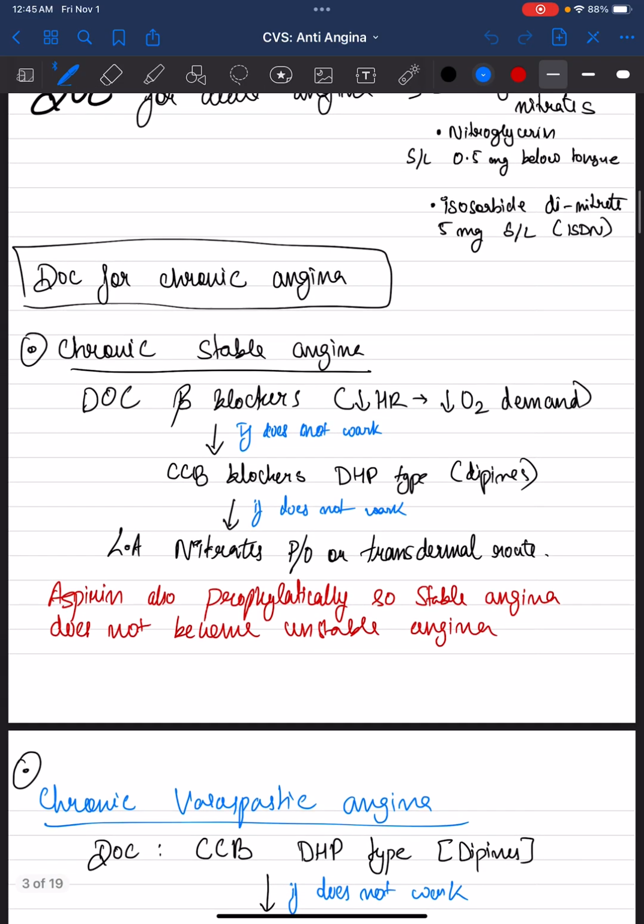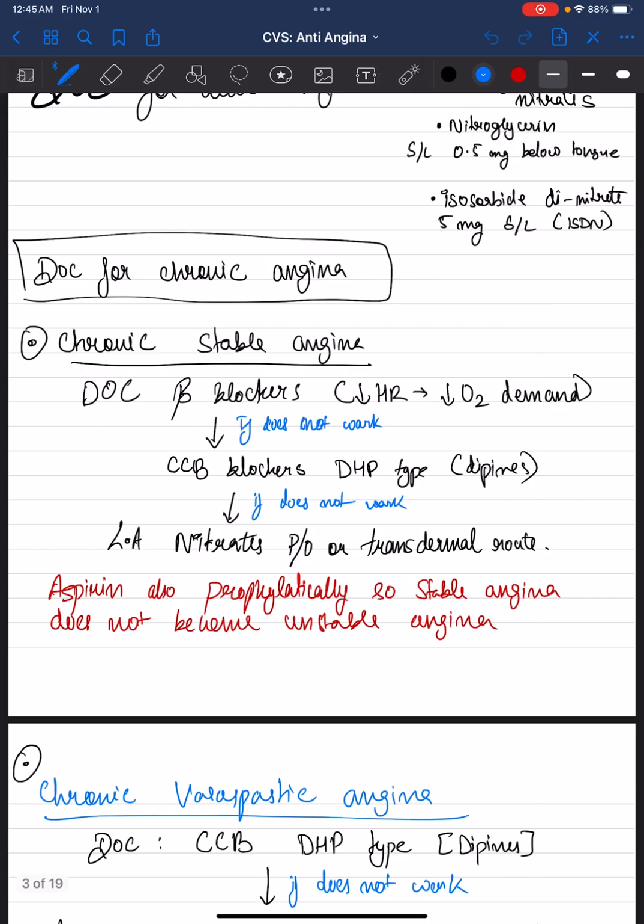Now let's study the drug of choice for chronic angina. If it is chronic stable angina, the drug of choice will be beta blockers, because they decrease the heart rate, so there will be a decrease in oxygen demand. If beta blockers do not work, we'll give calcium channel blockers, the DHP type, which are the dipines like amlodipine, clinidipine, and many more.